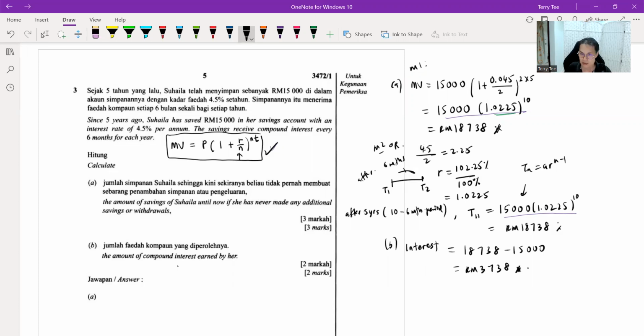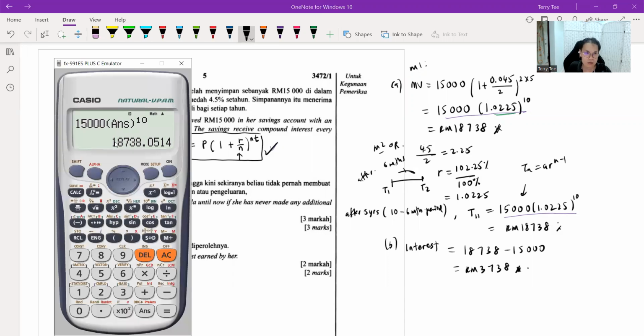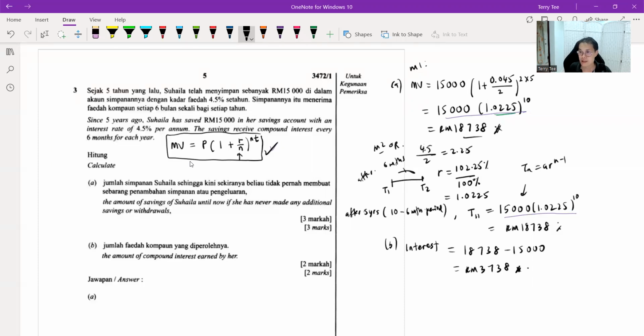Previously, I didn't. I just wrote 18,738. I think it's good enough. Yeah, if you want, you can add a 0.05 at the back here as well. Okay, but this is already 5 significant figures. But if you want, add a 0.05 here to get the full exact amount, including the cent.